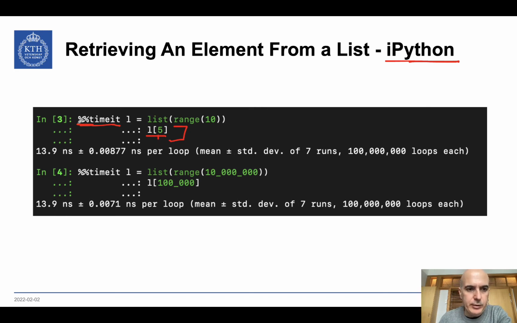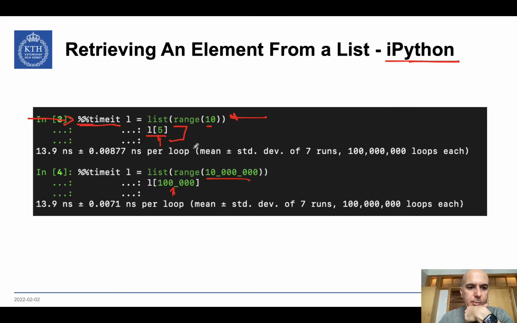As you can see, I time the following operations. In the first case, I create a list with 10 elements. In the second case, I create a list with 10 million elements. And then I do an access operation. In this case, I access the element at index 5. In this case, I access the element with index 100,000.